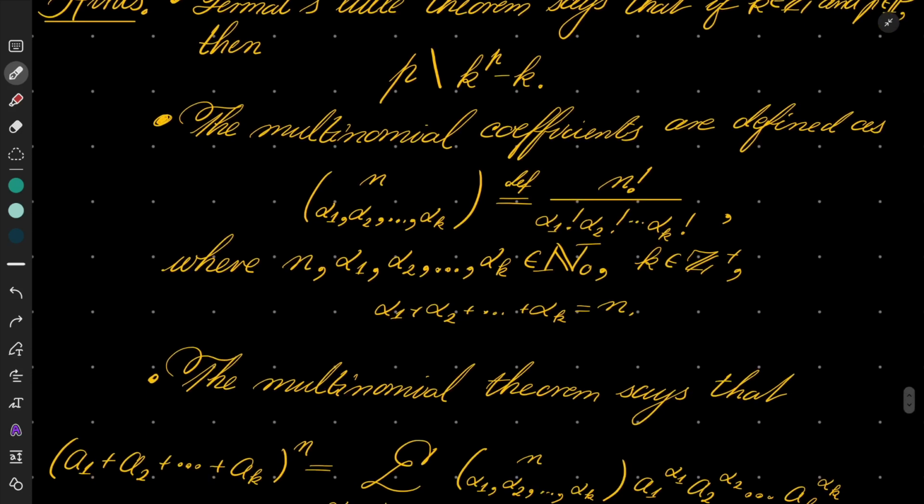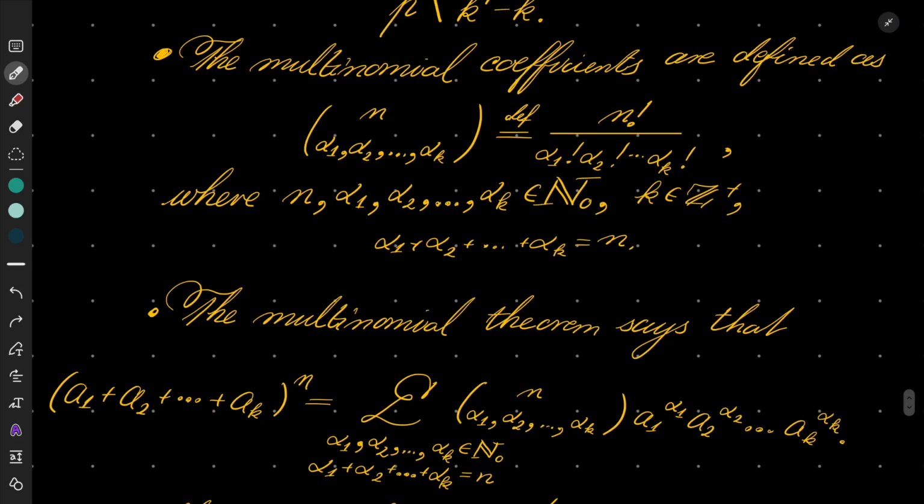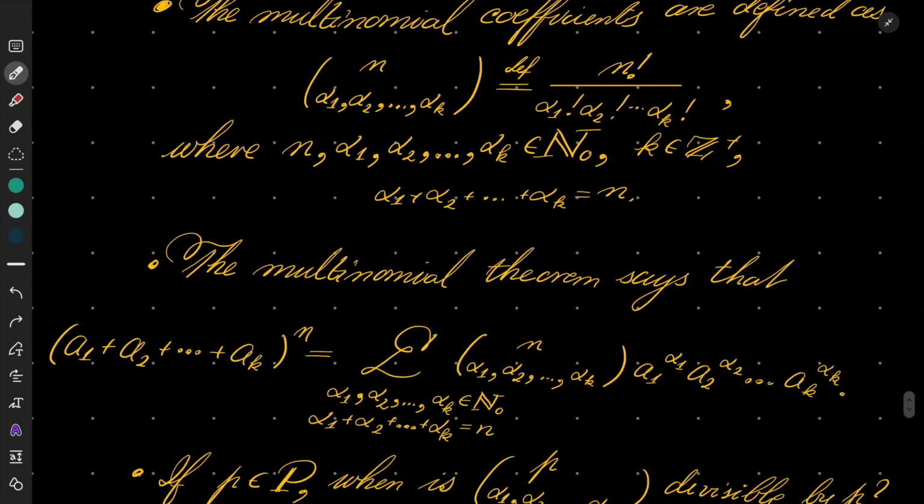And the multinomial theorem, which is again a generalization of the binomial theorem, says that a1 plus a2 plus and so on plus ak to the power of n can be written as the following sum.